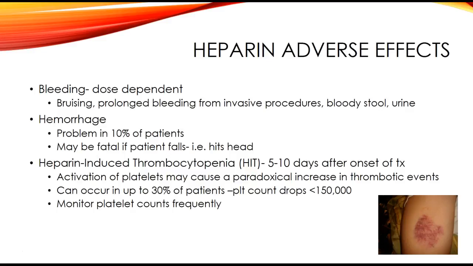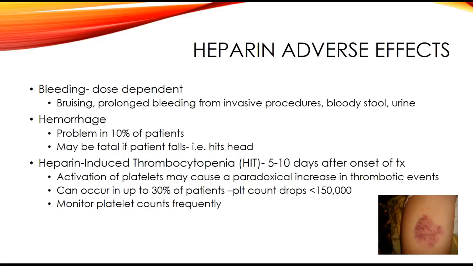We definitely are concerned about those effects. So hemorrhage is a problem in about 10% of patients that are on heparin. It can be fatal, especially if your patient has some type of injury, say they fall and they hit their head. They can start hemorrhaging because of this prolonged clotting that's happening in the body. And that can lead to death if it's not handled quickly.